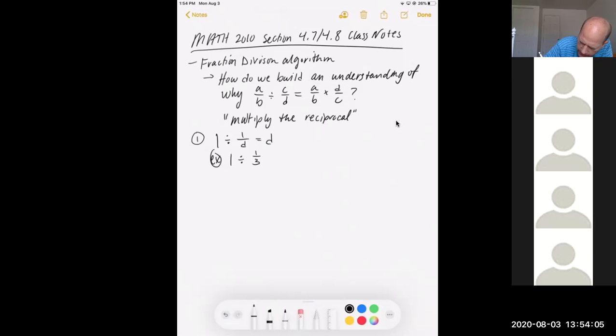And so we've done this before, 1 divided by a third, which means how many groups of 1/3 fit into one whole?